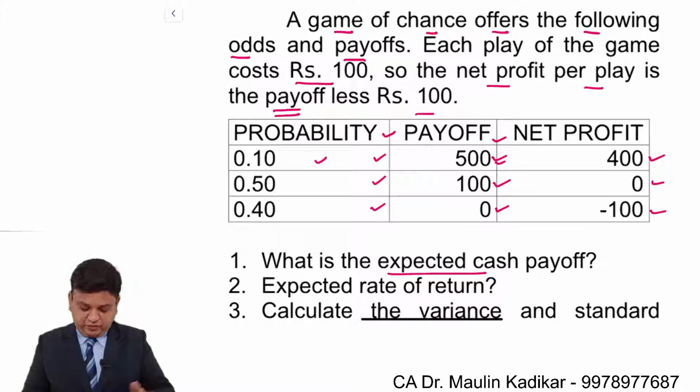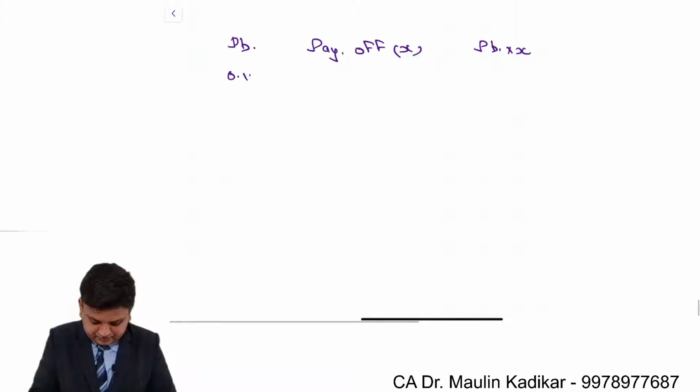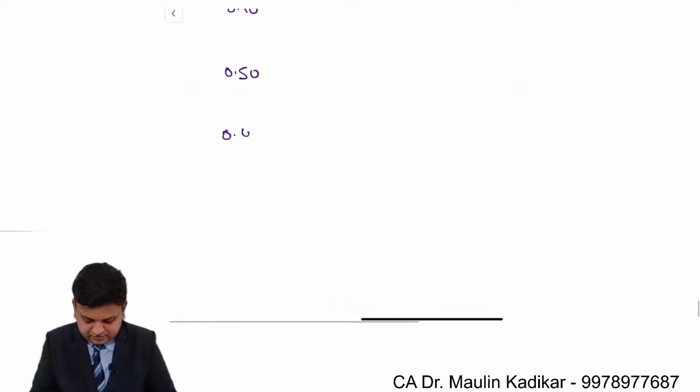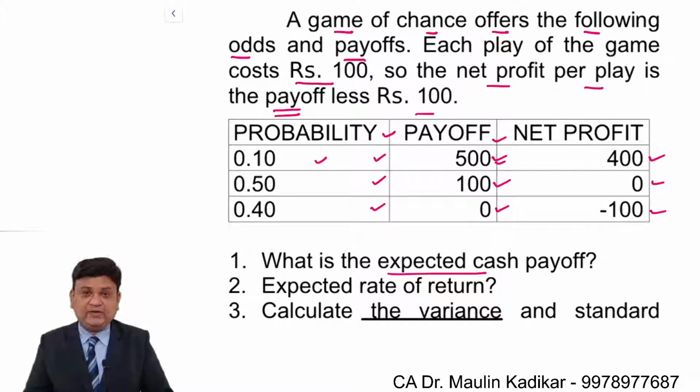So the probabilities are 0.1, 0.5 and 0.4. The amounts of the payoff are 500, 100 and 0.